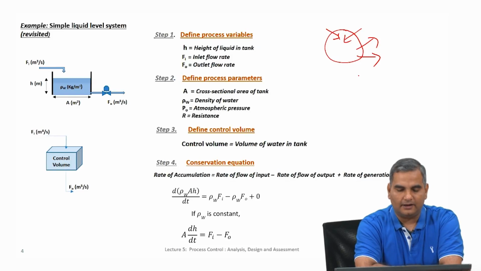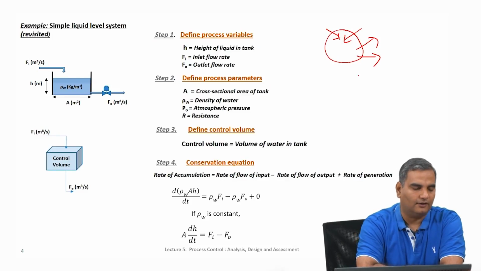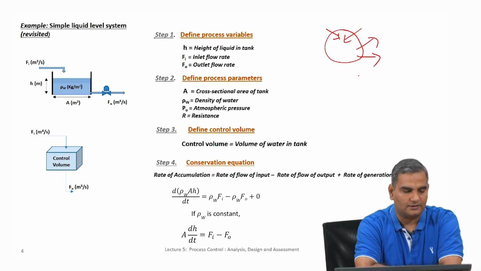It does not mean that I need 3 equations, because in this case I might say Fi is a variable that I have no control over. It is something that comes from processes before the tank. Since I do not have any control valve, I cannot control what Fi is.